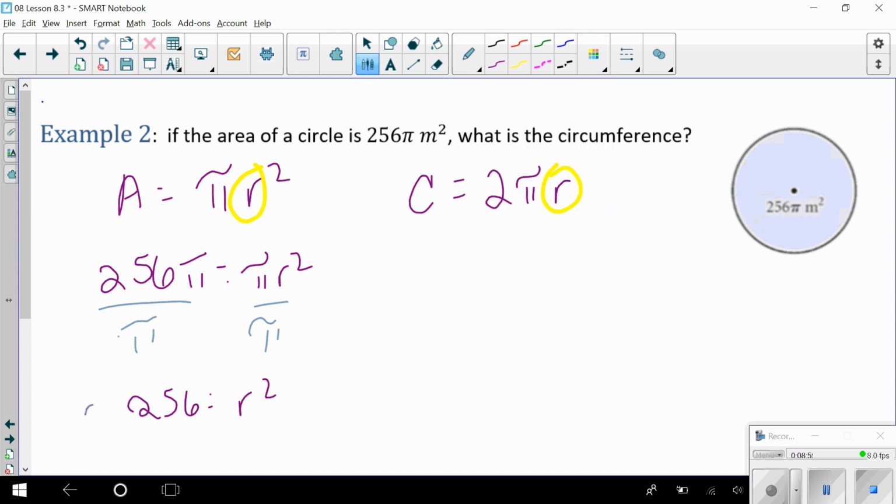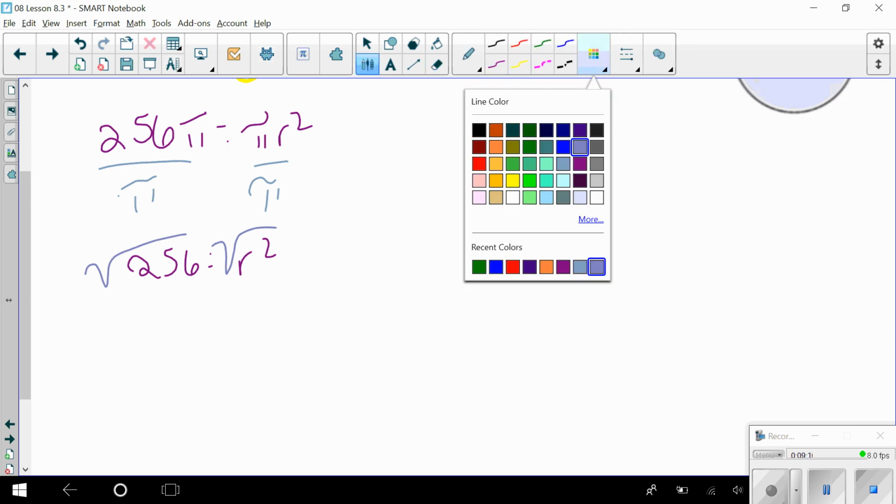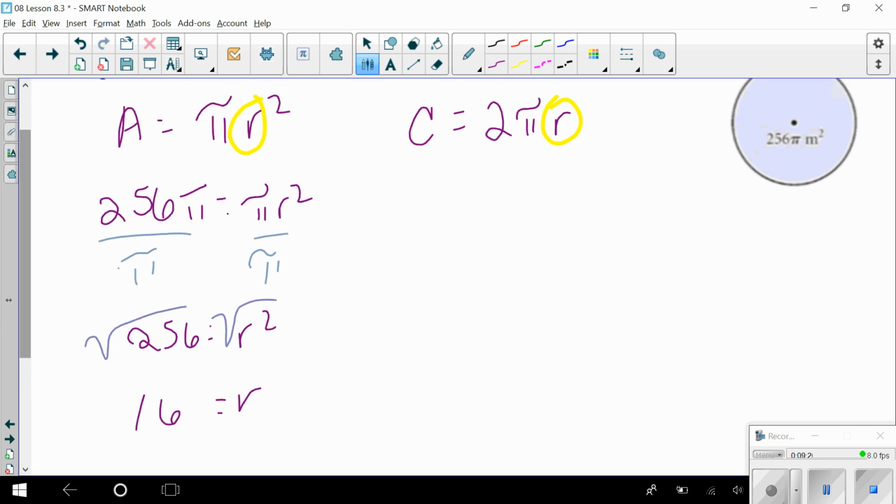In order to solve for r, we have to take the square root of both sides. So now we have r equals the square root of 256. And the square root of 256 is 16. So we know that our radius is 16.